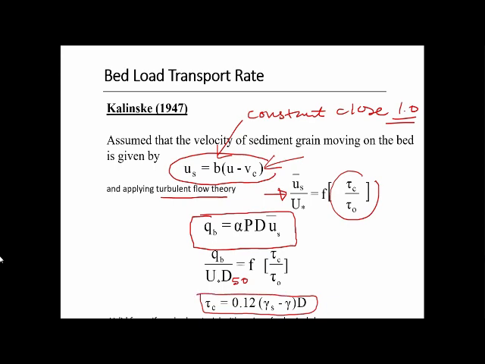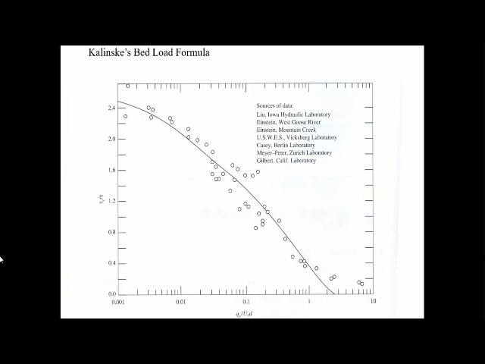Okay, which equals 0.12 multiplied by the submerged specific weight of the particles, and multiplied by the size of the particle, d50. Okay, and you can also use this graph of Kalinski to determine the value of your bedload.